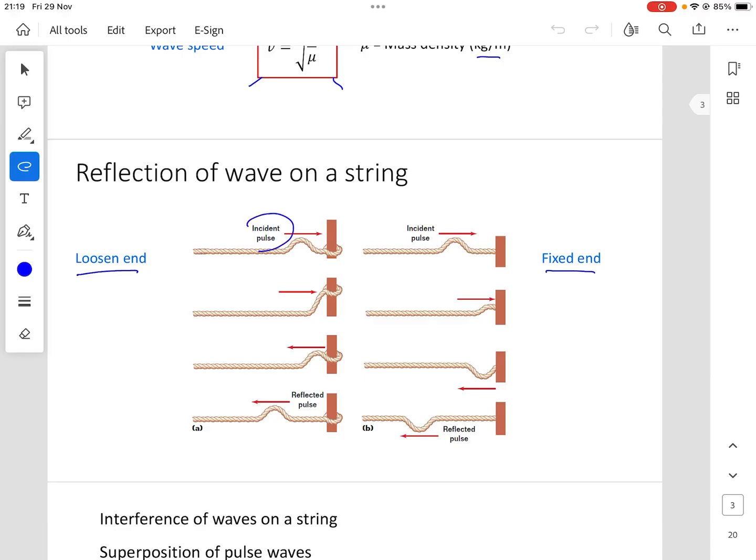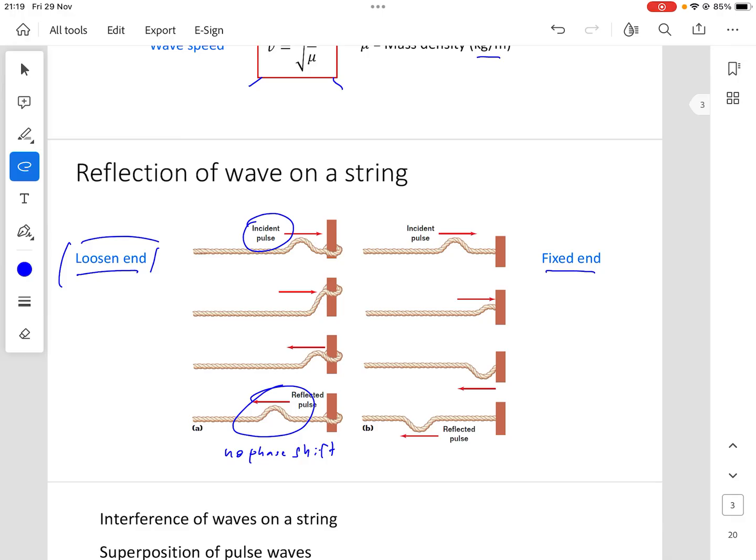You have an incident pulse moving to the right, and you get the reflected pulse moving to the left, and this reflected pulse gives you the same wave. Same means it remains in the same phase. So I can say there is no phase shift for the loose end string.